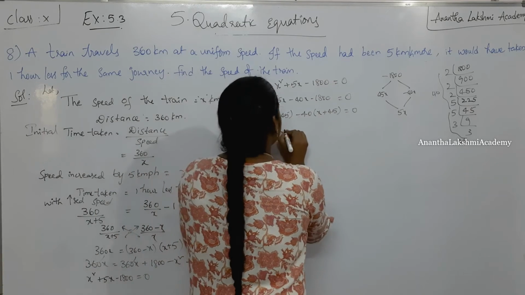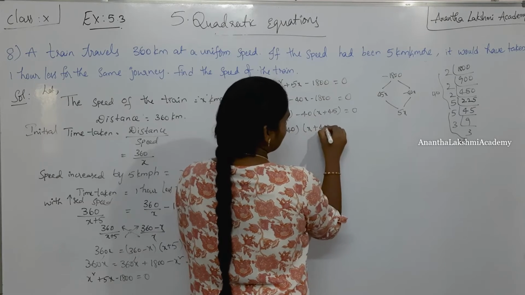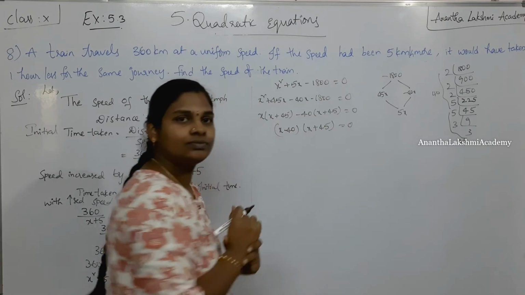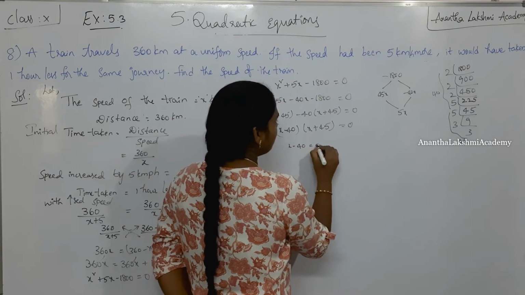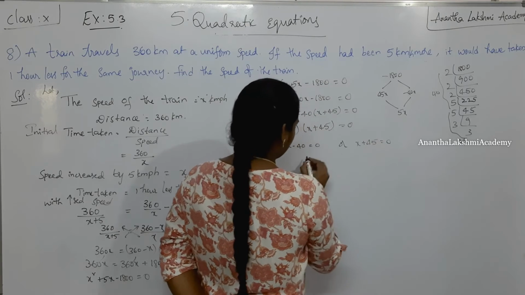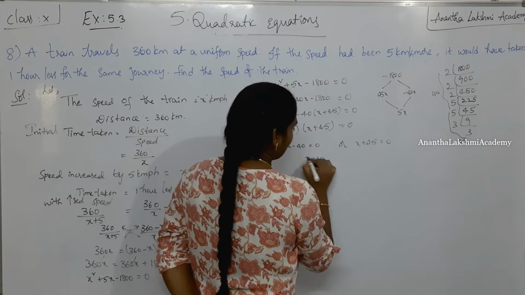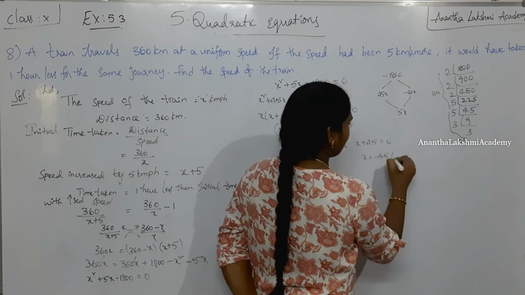So we can write this as x minus 40 into x plus 45 is equal to 0. So how do we solve this? x minus 40 is equal to 0 or x plus 45 is equal to 0. x is equal to 40 or x is equal to minus 45.